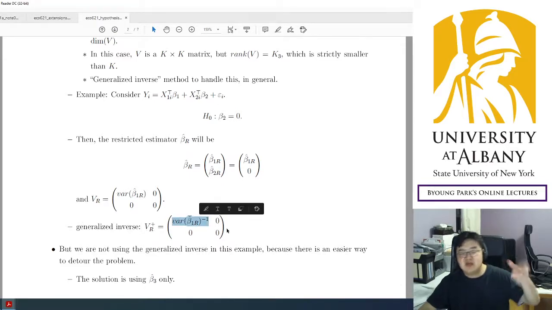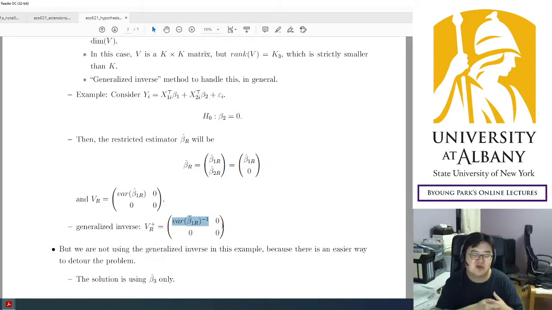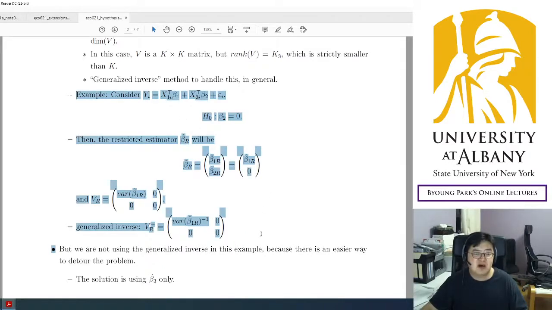Like inverting only the part you can. I'm just giving you a rough idea of the generalized inverse and what our problem is. So it also has the same problem.